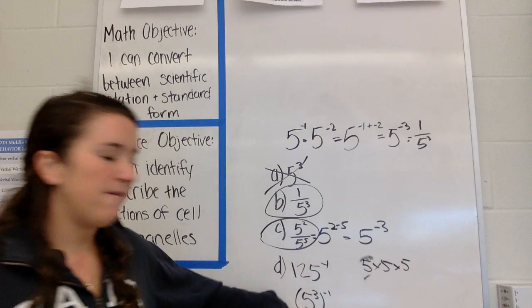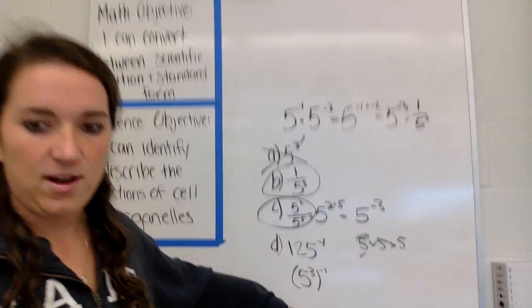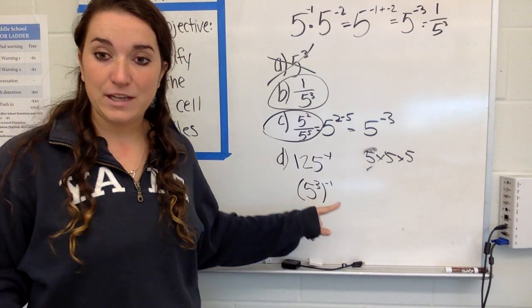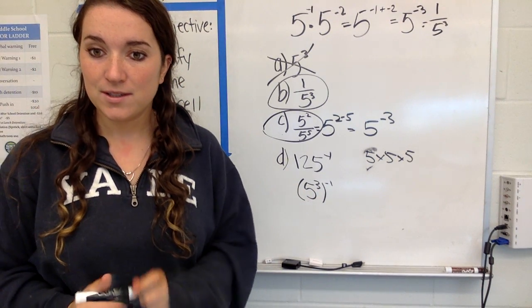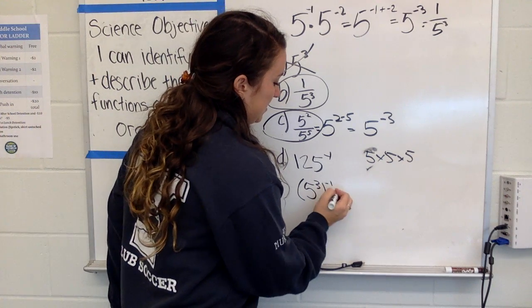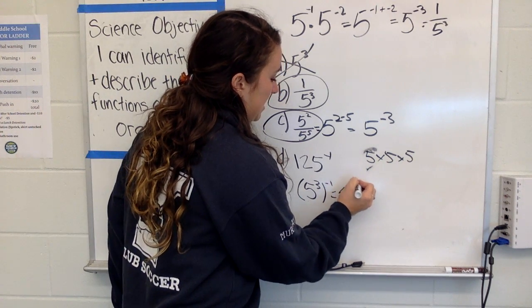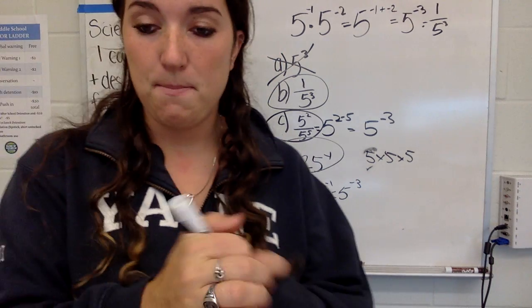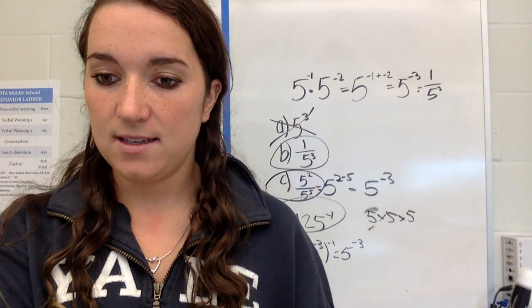So I'm going to put 5 cubed in place of 125. Now when I have an exponent raised to another power, what can I do? Yeah, I can multiply my exponents. So this is the same as 5 to the negative 3. So the correct answers are B, C, and D.